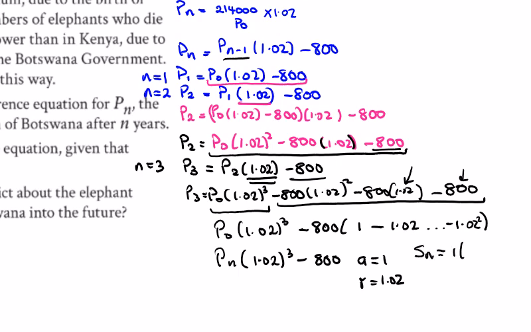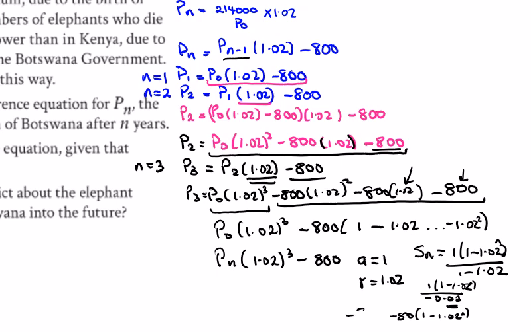Sn is equal to a times 1 minus r to the power of n divided by 1 minus r. So this is going to give on the bottom minus 0.02, and on top 1 times 1 minus 1.02 to the power of n, and 1 divided by minus 0.02 is like multiplying it by minus 50, so that's going to give minus 50 times 1 minus 1.02 to the power of n.